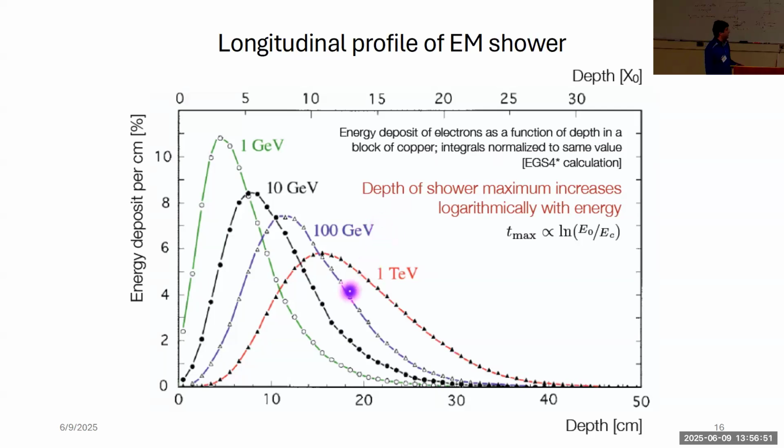All these curves are normalized to the same area in this case, but you can see how the peak grows gradually as you increase the energy. In this case, the energy is increasing by orders of magnitude, and you can see the peak position is changing linearly.